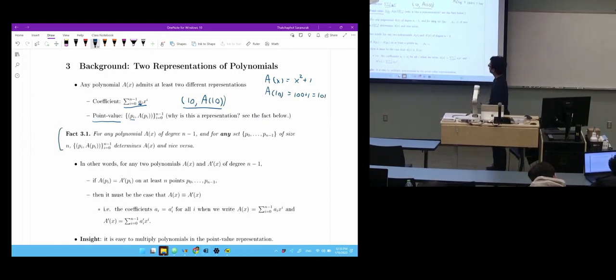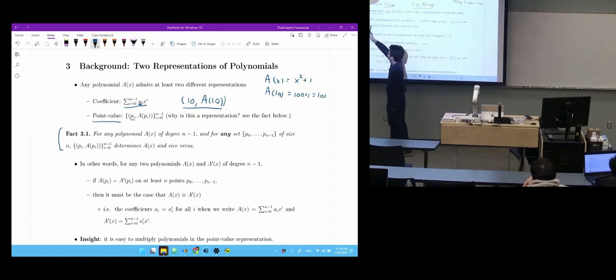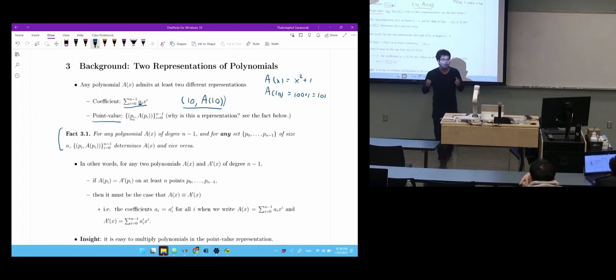If you have any polynomial whose degree is small, at most n minus 1, then if you fix any set of n points and evaluate the polynomial at them, these evaluations will determine what A exactly is.